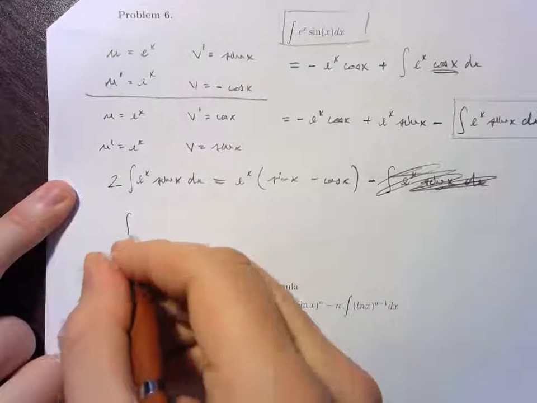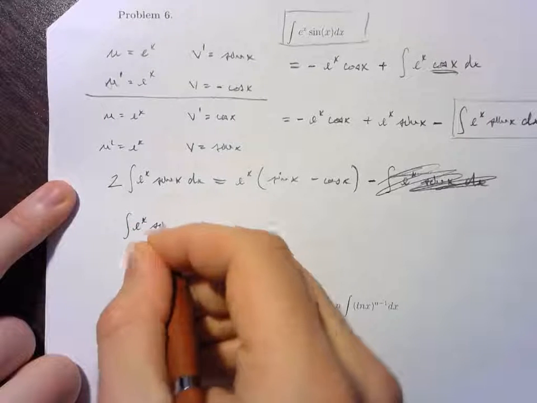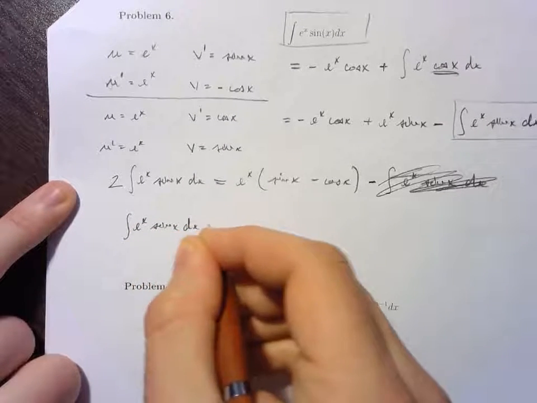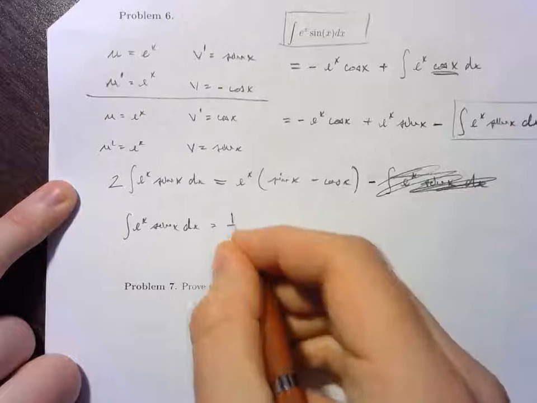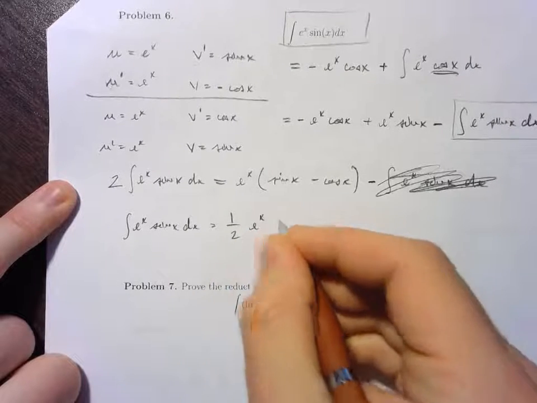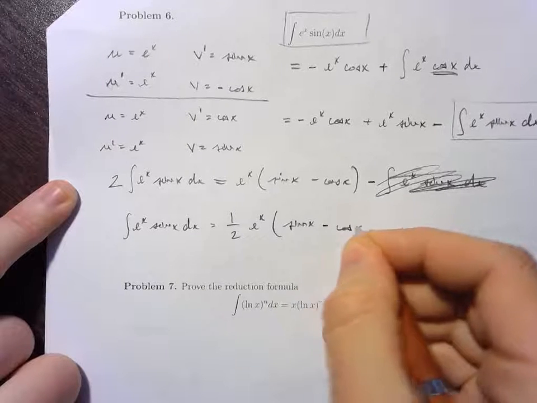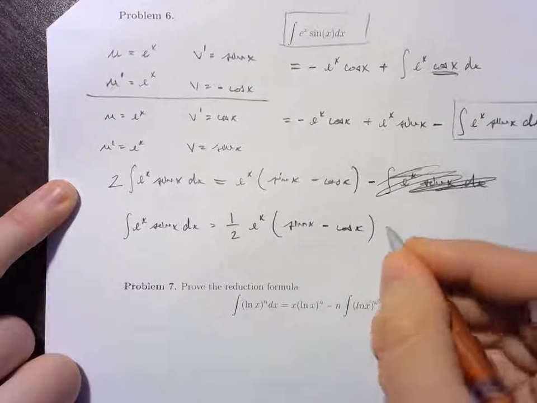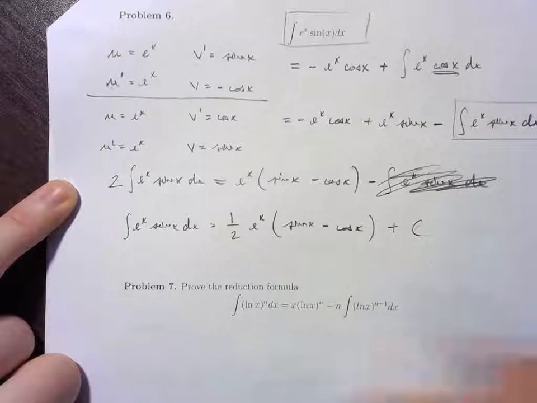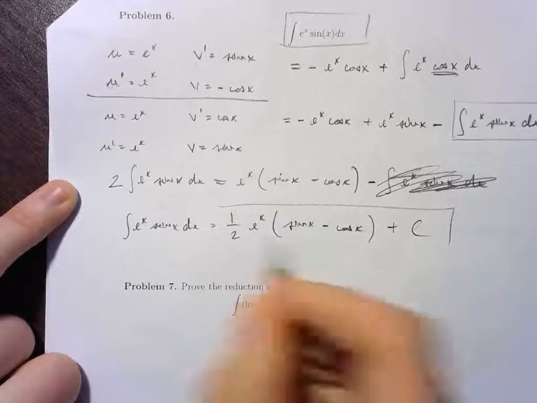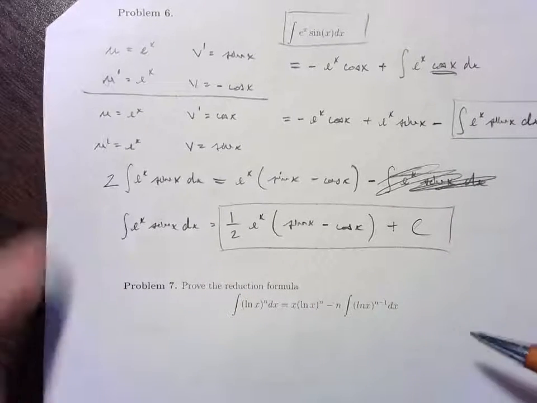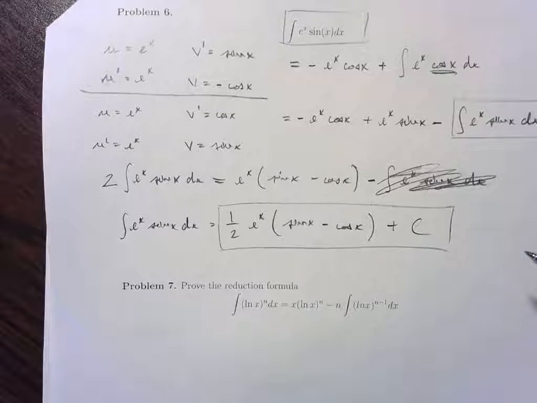So that tells me that the integral of e to the x sine of x with respect to x is 1/2 e to the x times sine of x minus cosine of x, plus c because we have to account for the constant of integration. This is an indefinite integral.